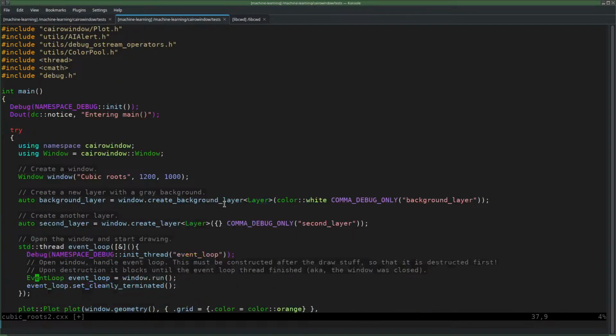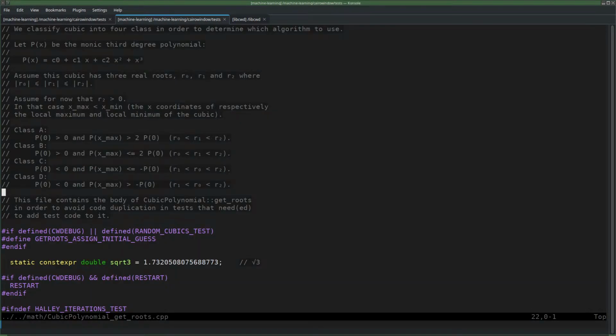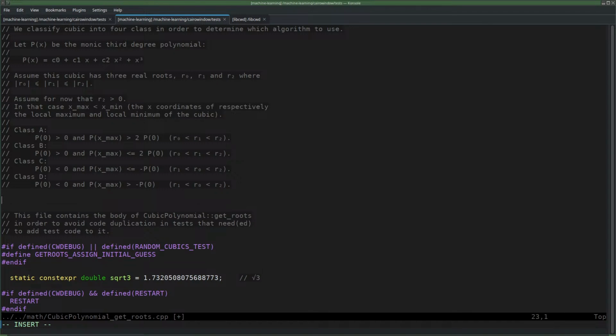Where's my formula for the cubic? No formula. The first derivative is c1 plus 2c2 times x plus 3 times x squared.